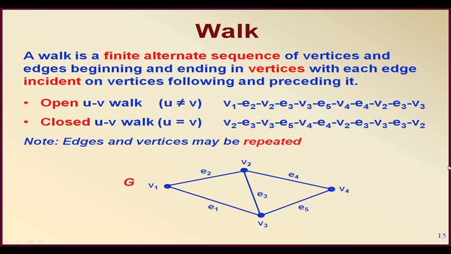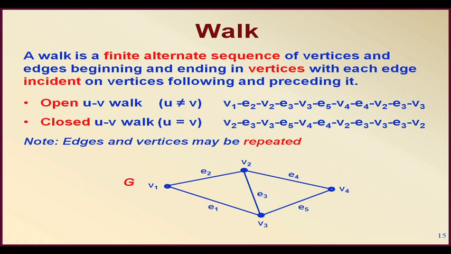Two vertices are adjacent if there is an edge between them, and this edge is incident on those vertices. The number of edges incident on a particular vertex is called the degree of that vertex. Some of these concepts we discussed in our previous class. Let us continue from there. Today we shall see certain concepts.